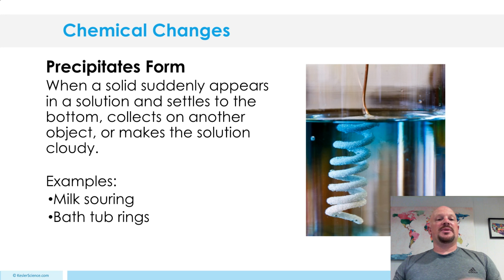Another one is precipitates forming. That's when a solid suddenly appears in a solution and settles to the bottom or collects on an object, and it makes the solution cloudy. This is like milk souring. When that chemical reaction begins to take place and the milk begins to curd, you get those solid pieces. If you've ever poured out old milk, you know what I'm talking about. You have the smell that's changed, and those precipitates have changed as well.